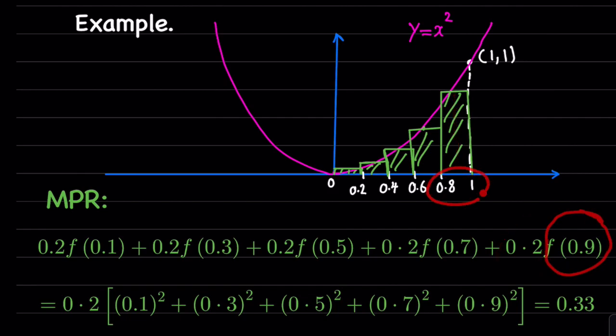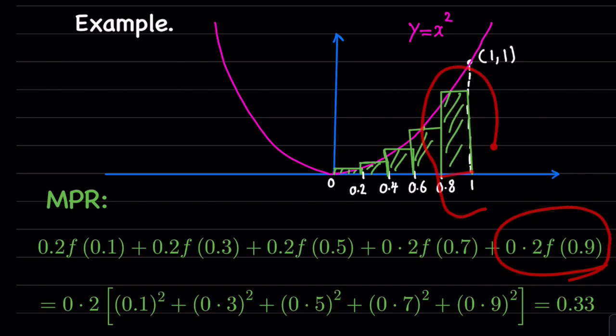The midpoint of 1 and 0.8 is going to be 0.9. So the value of the function at 0.9 is going to be the height of this rectangle. Then when you multiply it by this side, that gives you the area of that whole rectangle. Just repeat the same formula for the other 5 rectangles we have here.